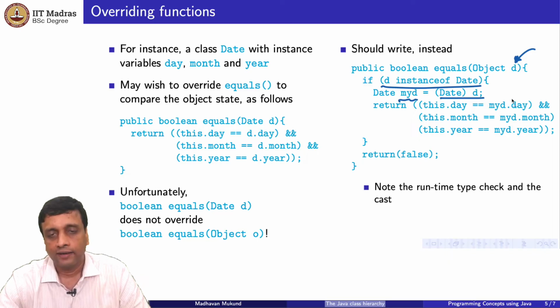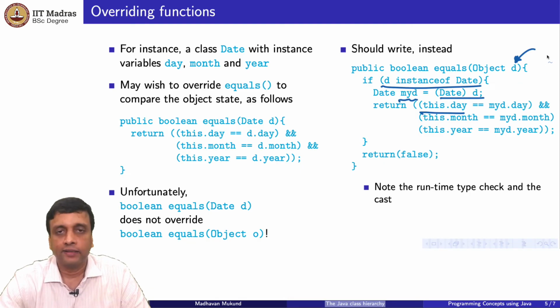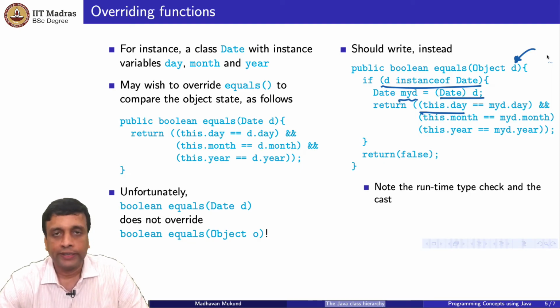I can put a cast in each of these before the D and do it. And then I can check whether this object is presumably a date, otherwise I will not be invoking this. So this dot day is the same as the converted input D to a date dot day.